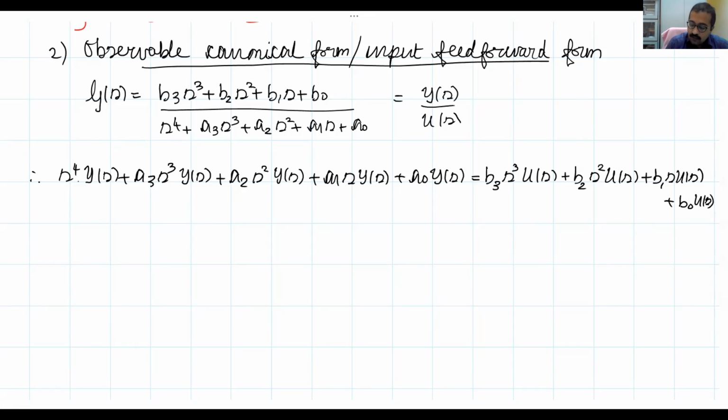So you see in the right side already there is s cube u of s term. When you take a3 s cube y of s to the right side, they are common in s cube. So I can group like terms.